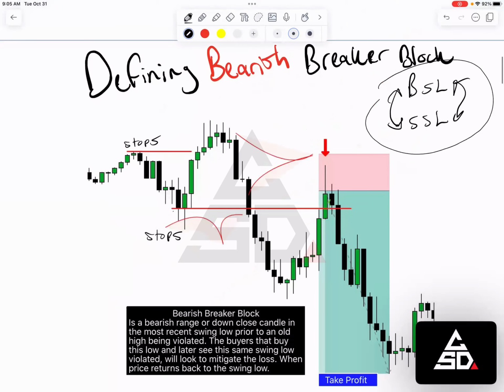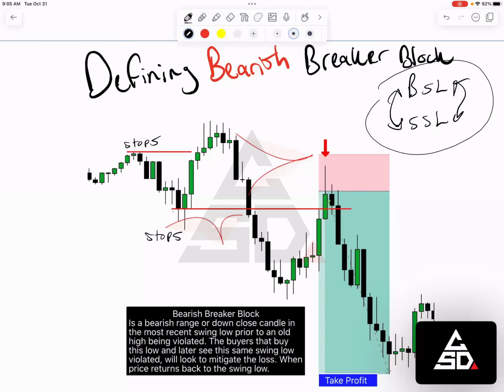So for video purposes, we're going to use the bearish breaker block. Having an understanding of buy side liquidity and sell side liquidity is kind of the basis of what moves the market. Buy side takes sell side, sell side takes buy side, and that's what triggers the market to go up, down, and things like that.